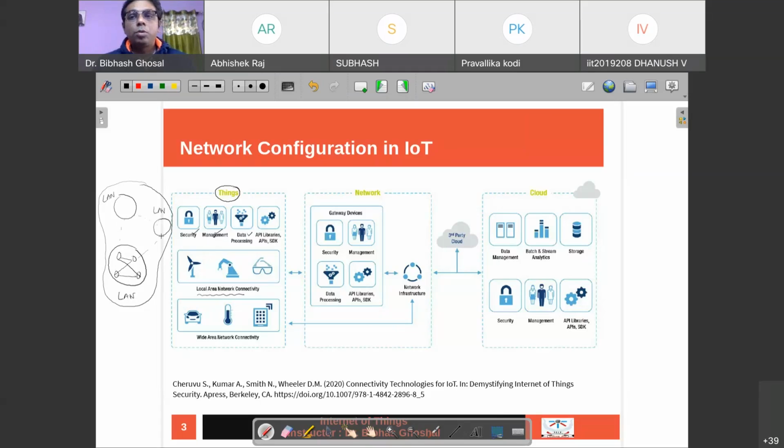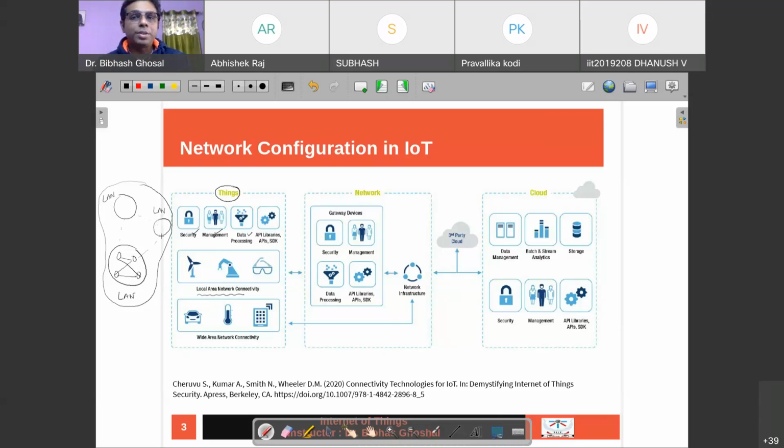So when we are talking about the lower layer, we are actually interested in communication which is in a very limited region. The devices which are connected in a LAN will be using LAN technologies, very low end, low power, and very near communication technologies. Or at max, you can go for a wide range. Maybe you are building an IoT system for an entire building or for an entire campus.